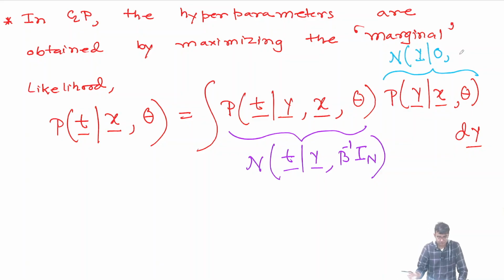Okay, so this is basically the kernel, and I'll write it as K n. It's a matrix, and this is from the GP definition.